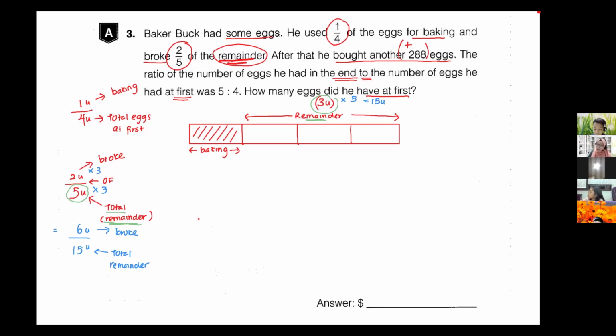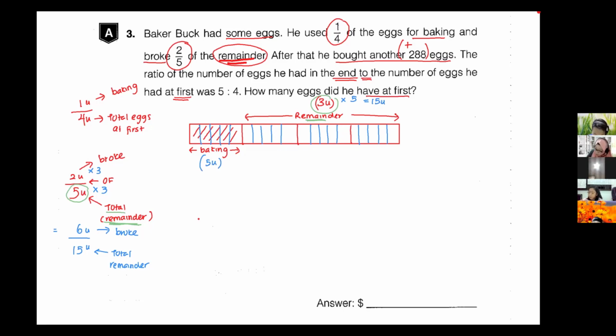But if you look at the model, we have to break up each part of the remainder into 5 equal parts. So I cut 1, 2, 3, 4, 5. 1, 2, 3, 4, 5. 1, 2, 3, 4, 5. Here also I must cut 1, 2, 3, 4, 5. Now my baking will be 5 units already. And then I can shade those that he broke.